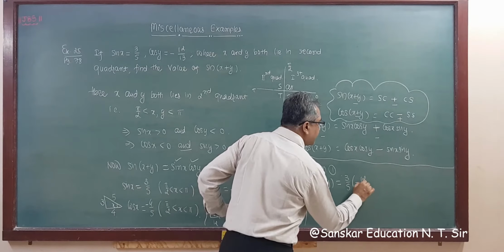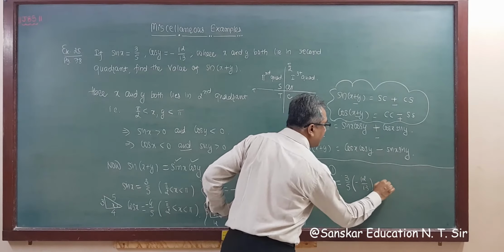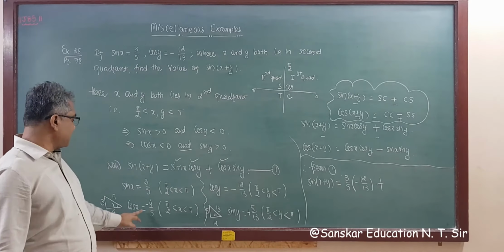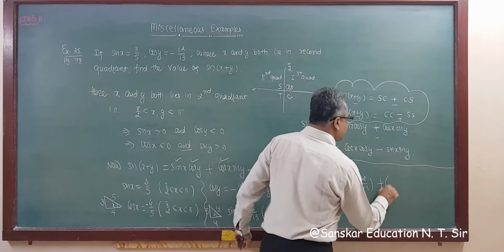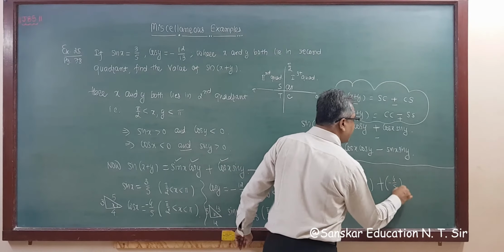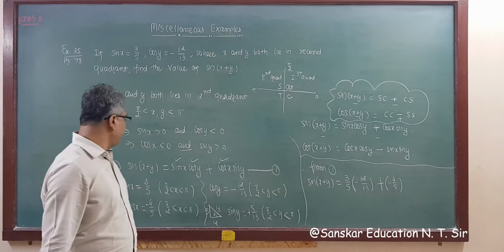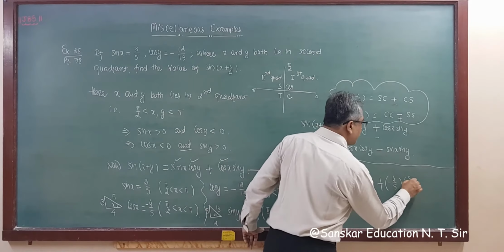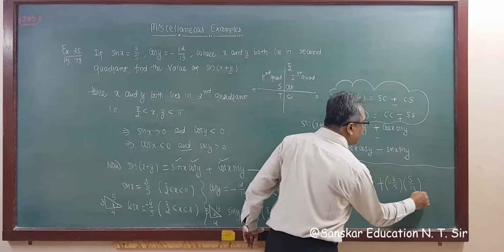Use proper brackets. Minus 12 by 13 plus cos x, and cos x is minus 4 by 5, and sin y, and sin y is plus 5 by 13.